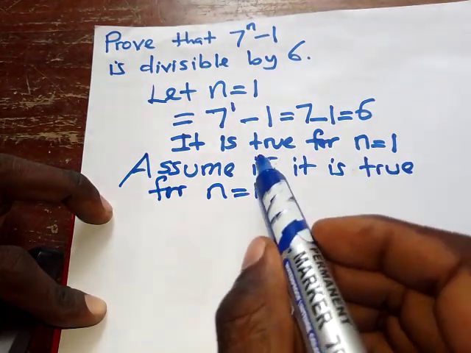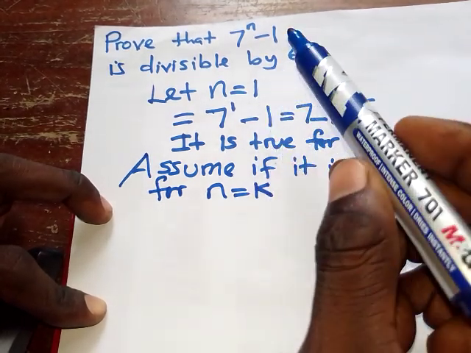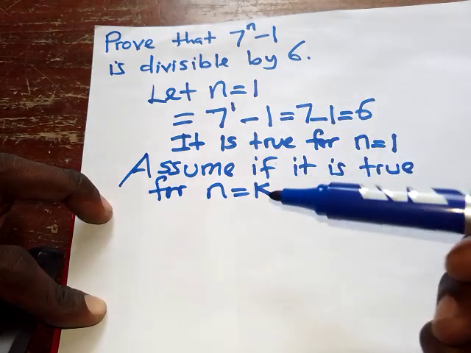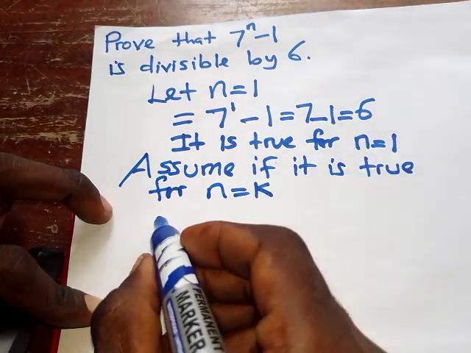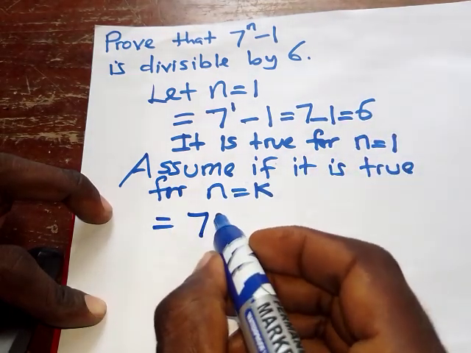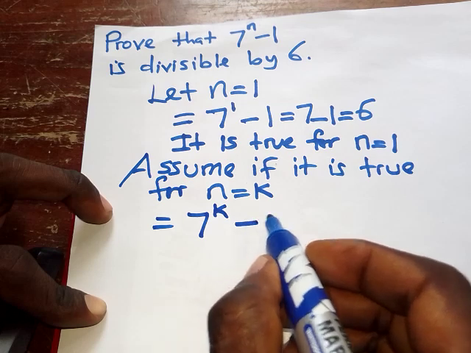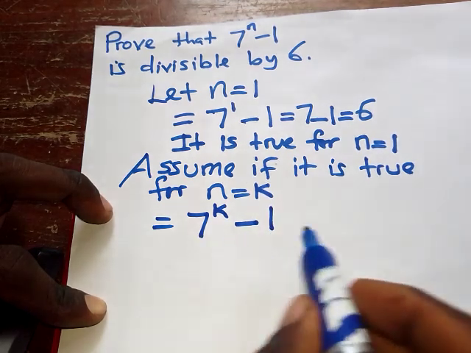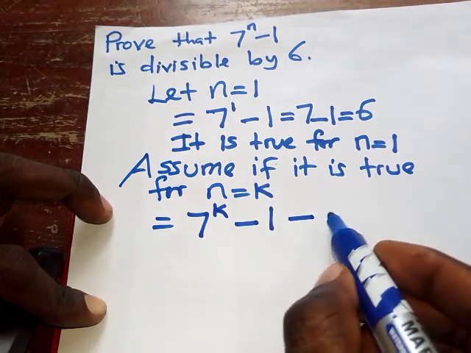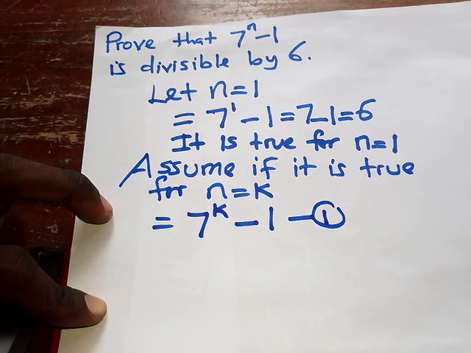So meaning that wherever there is n in our statement here, we must replace it with a k. So this is just equal to 7 raised to power k minus 1, like that. We keep this statement. We can call it our equation 1, like that.